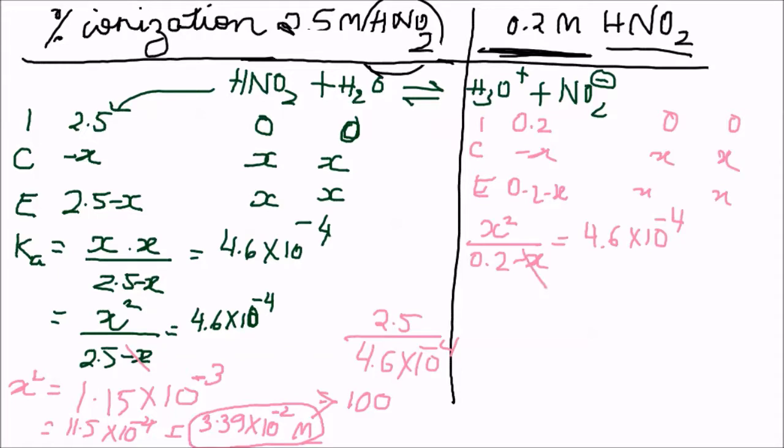Here too the approximation is valid, and so you can determine the value of x, and that value comes out to be 9.6 times 10 to the power of minus 3. Is that right?